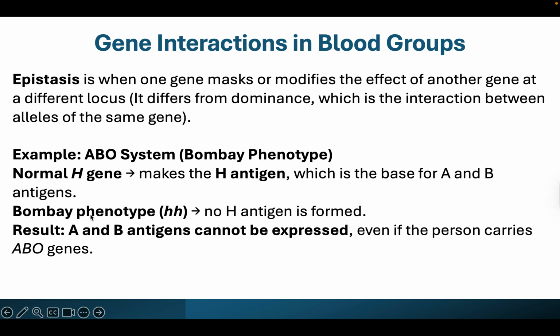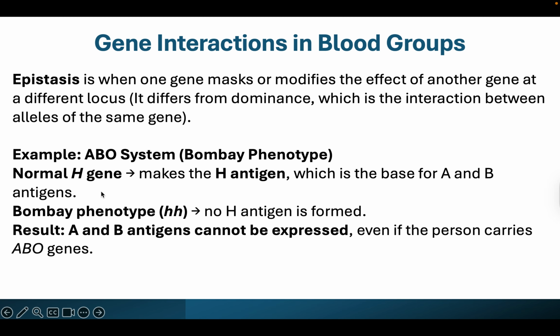Epistasis is different. It's not because I inherited a dominant allele, but because there is a gene that masks or modifies the effect of another gene. Let's take an example. I have the H gene, and the normal H gene encodes the H antigen, which is the basis of the A and B antigens.